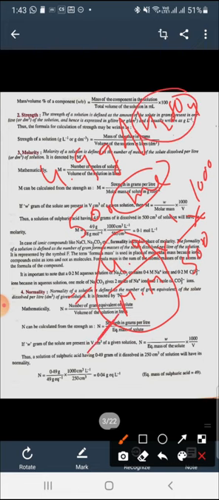We can calculate it by the sum of the masses of individual atoms. Here two hydrogens are there. Mass of one hydrogen atom is 1, so mass of two hydrogen is 2, plus mass of sulfur 32, plus mass of one oxygen atom is 16, and 16 into 4 is 64, then total mass is equal to 98.